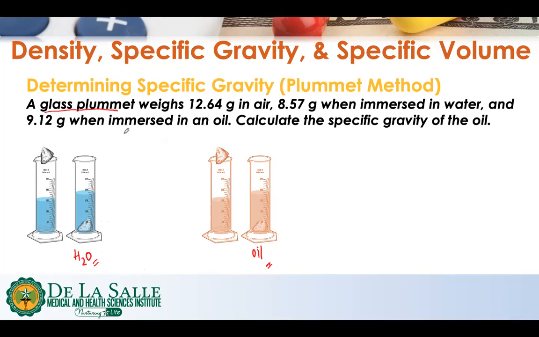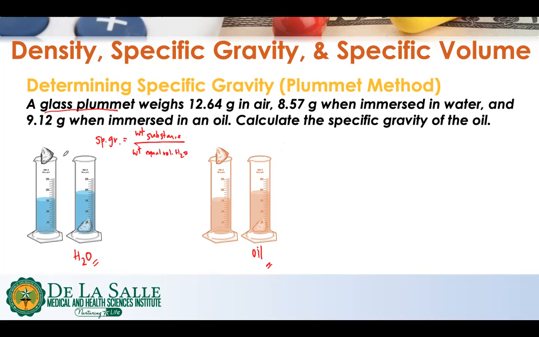Let me read the problem. A glass plummet weighs 12.64 grams in air, 8.57 grams when immersed in water, and 9.12 grams when immersed in an oil. Calculate the specific gravity of the oil. Remember again that the specific gravity is equal to the weight of the substance divided by the weight of an equal volume of water.